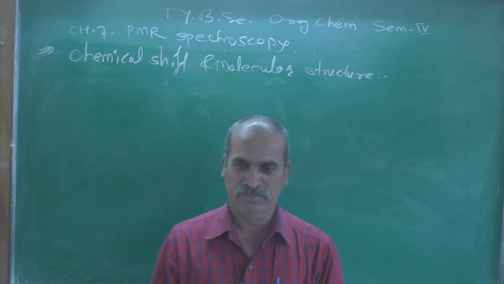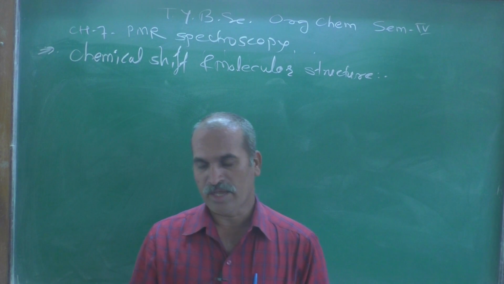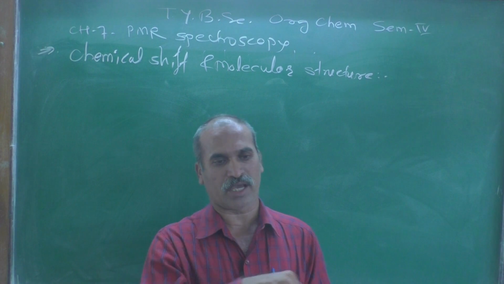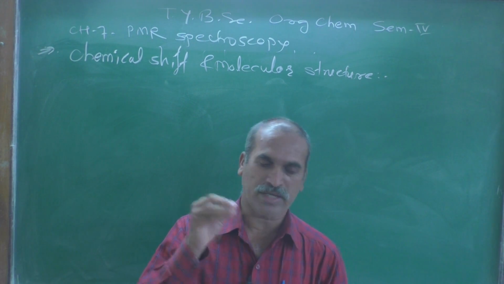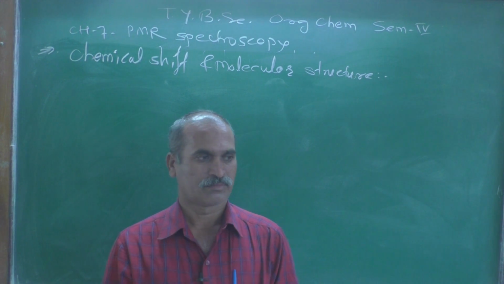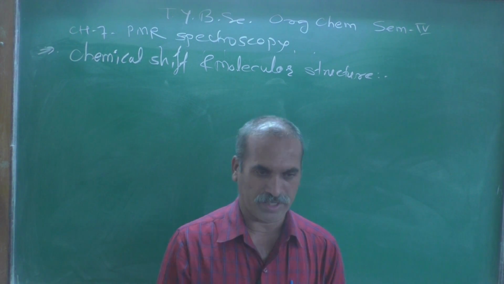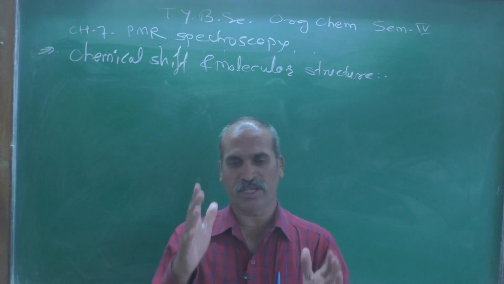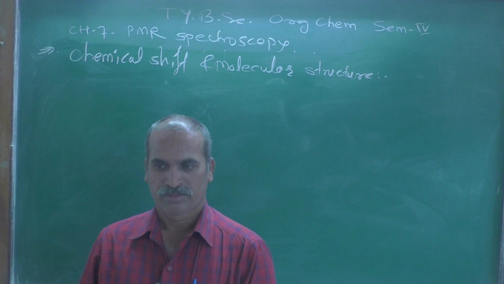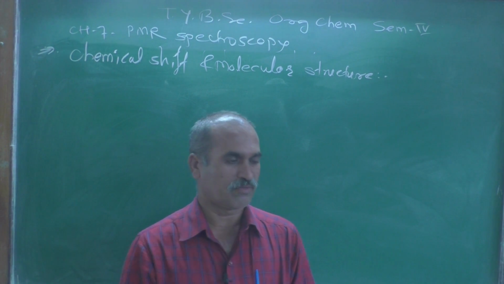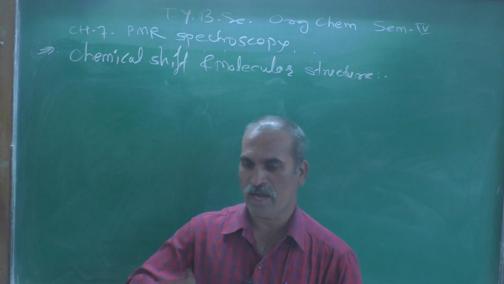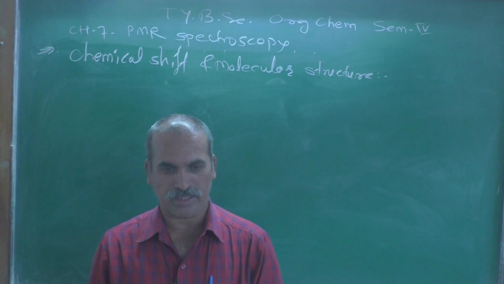The electronegativity of the fluorine atom is greater, and that's why the protons attached to that carbon atom are more de-shielded. The extent of de-shielding is more as compared to the protons attached to the carbon atom nearer to the chlorine atom.